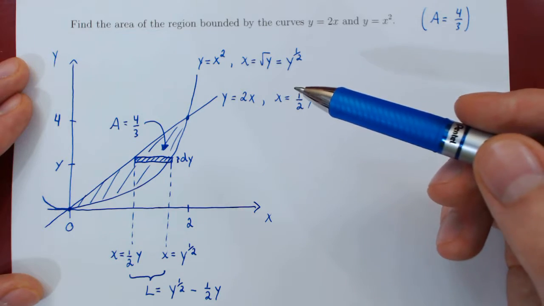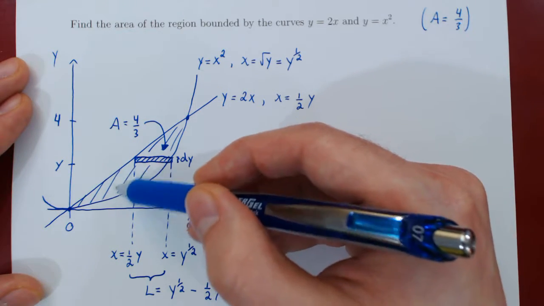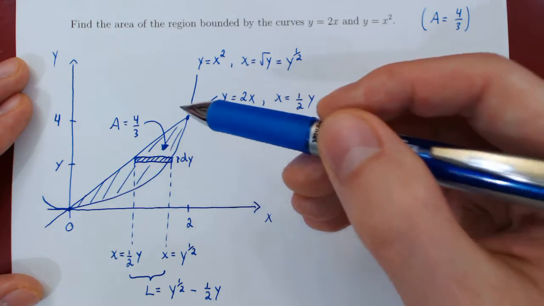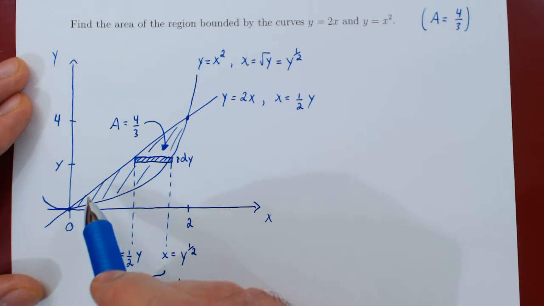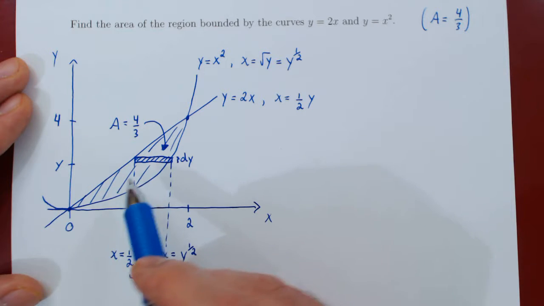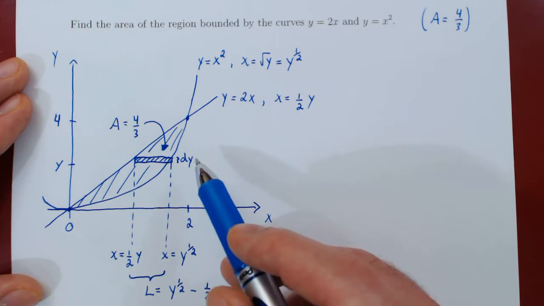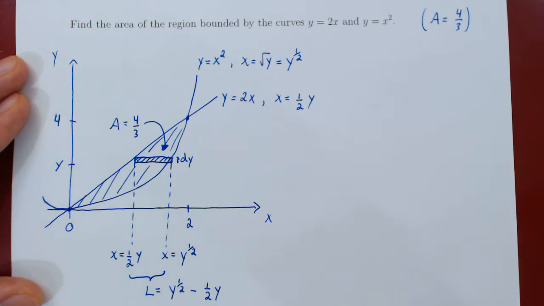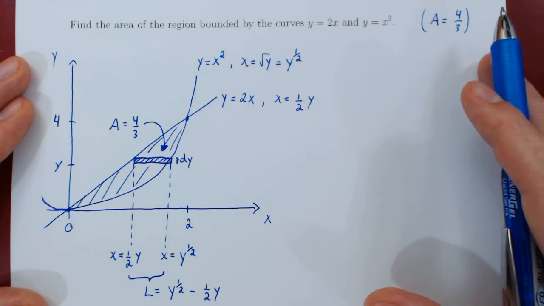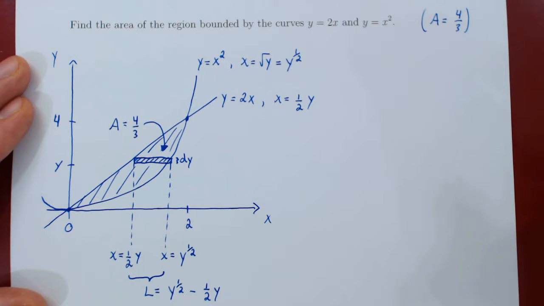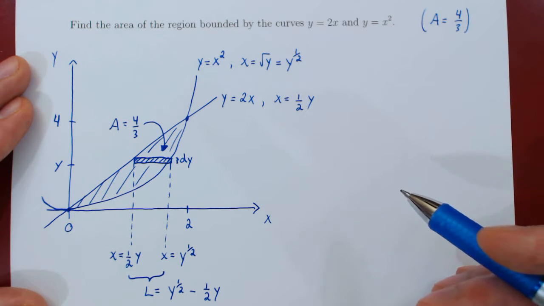You can either cover up the region with a set of vertical rectangles, and then you will integrate with respect to x, or you can cover up the region with a set of horizontal rectangles, and then you will integrate with respect to y. This is useful because in some cases it will be a simpler problem using vertical rectangles. In other cases it will be a simpler problem using horizontal rectangles.